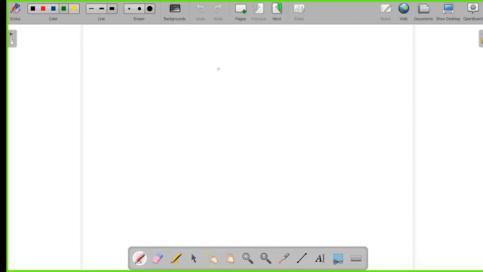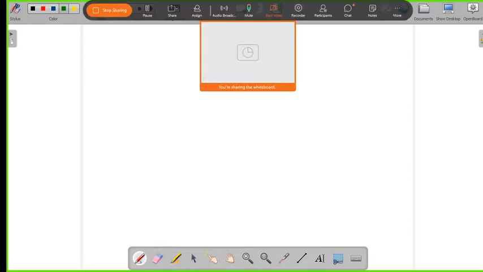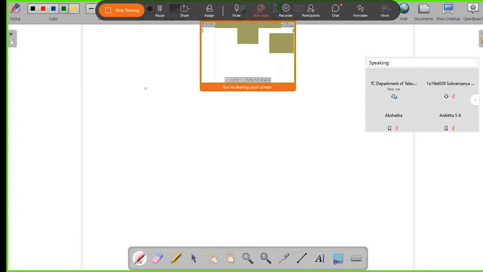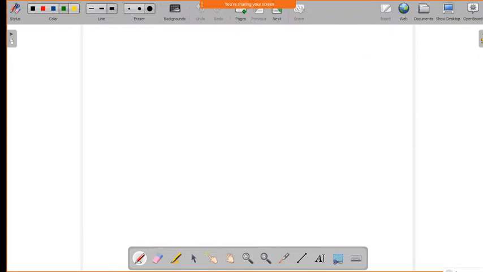Okay, so we will discuss one more property, that is the symmetry property.